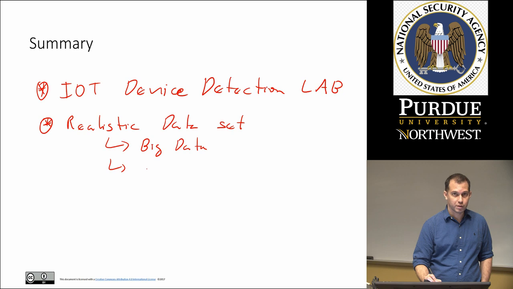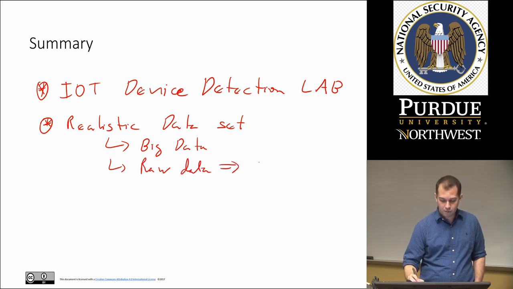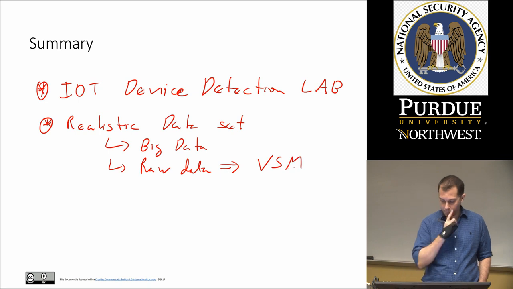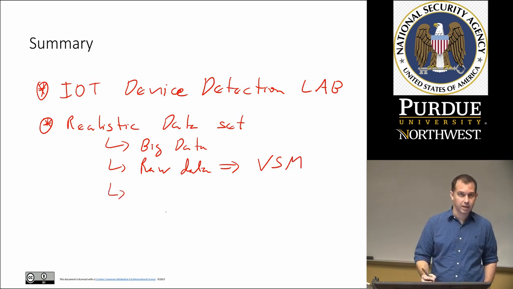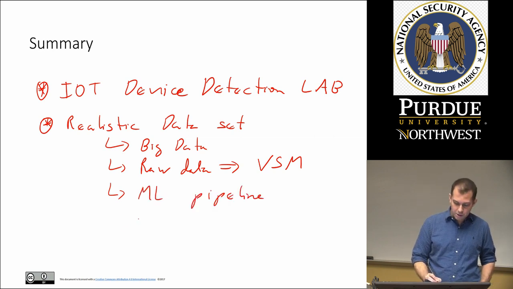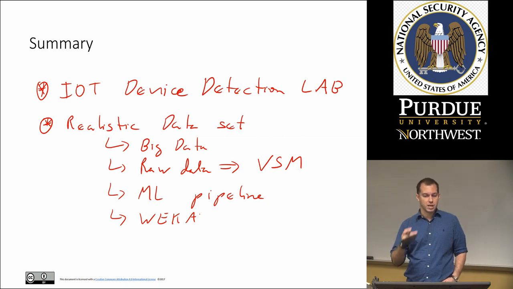We saw how to take raw data and convert it to the vector space model, right? So we saw that. And then we saw basically a complete pipeline on ML, which included feature extraction and the analysis via Weka, right? To the point where we could draw some conclusions, etc.